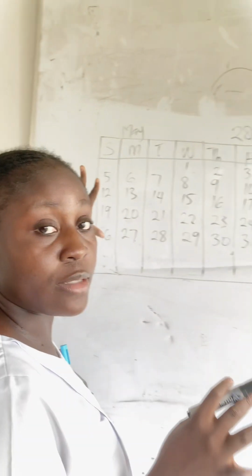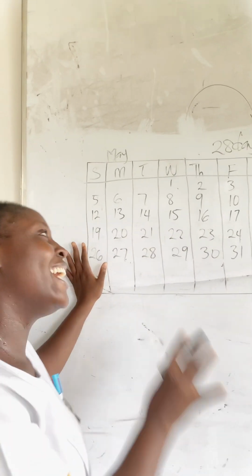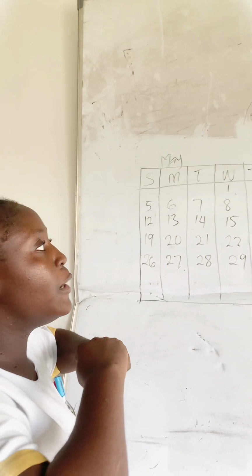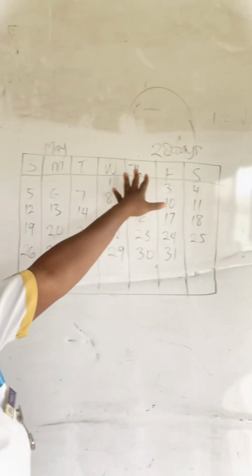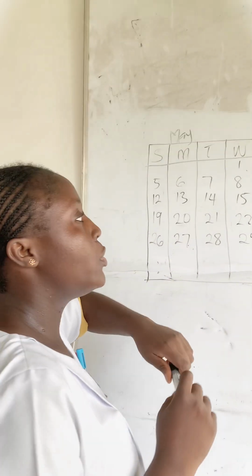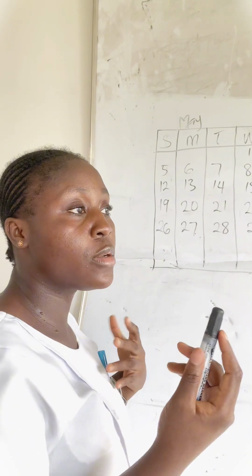So we'll still be using the month of May. Let's say the period cycle is 28 days.